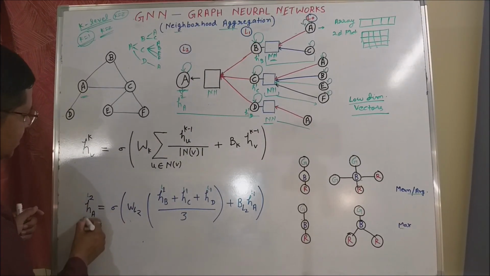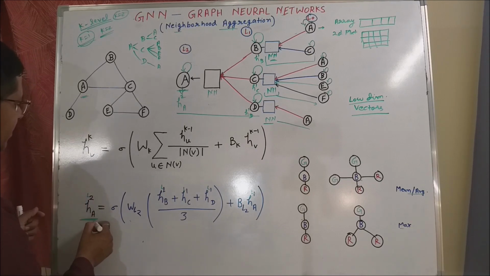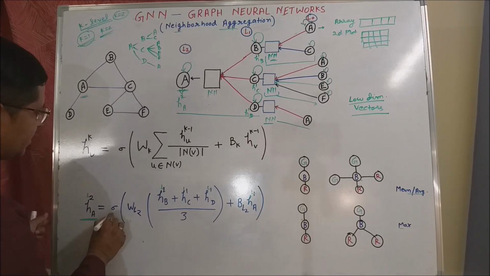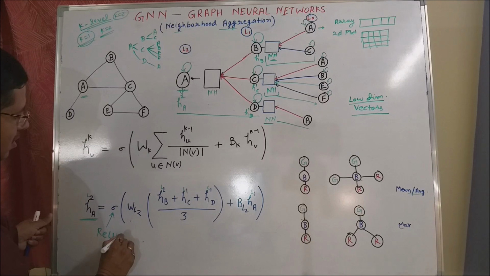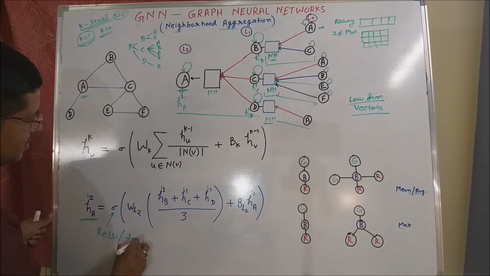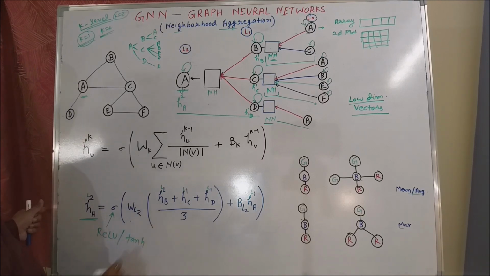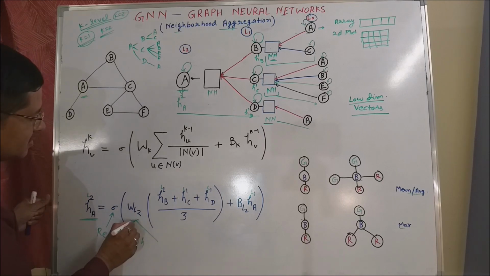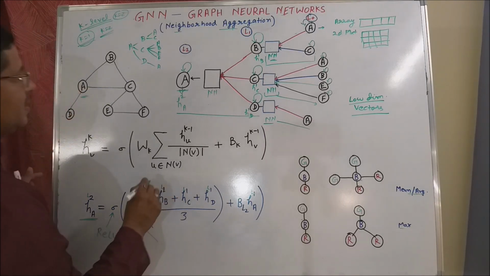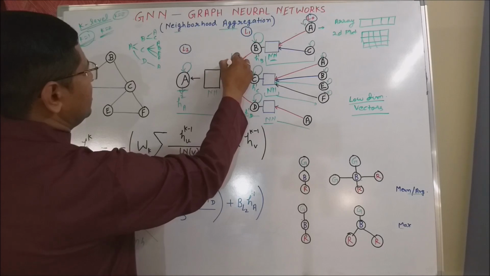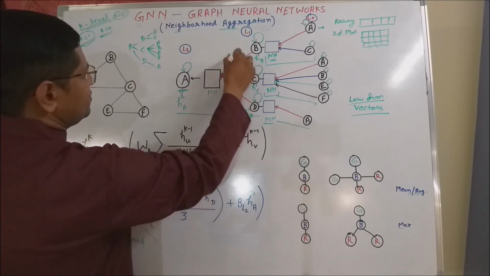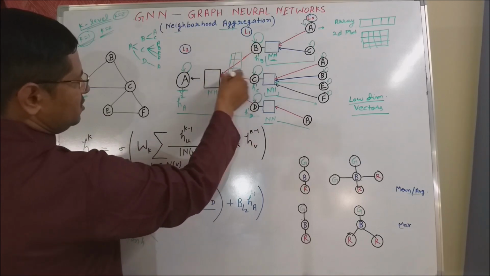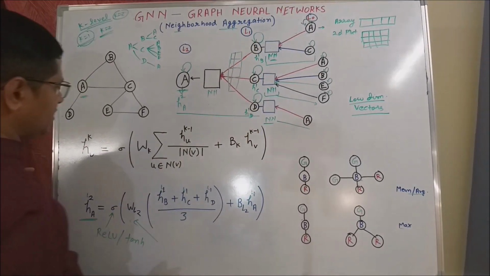So H_A at layer 2, this is a non-linearity that we achieve through ReLU or tanh. Now this is a weight matrix. That weight matrix is actually this matrix which represents those connection weights.